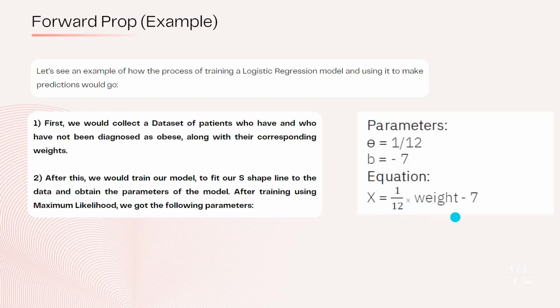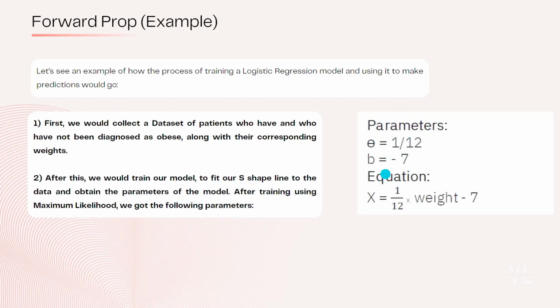So given the parameter 1 over 12 and a bias of minus 7, the equation for the linear regression will be 1 over 12 multiplied by weight minus 7. After this, we would train our model to fit our S-shaped line to the data and obtain the parameters of the model. After training using the maximum likelihood or gradient descent algorithm, we can estimate these parameters.